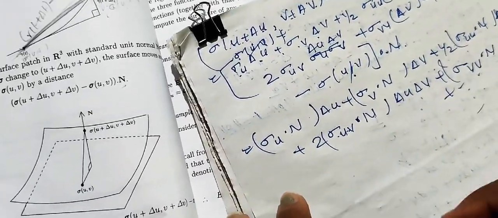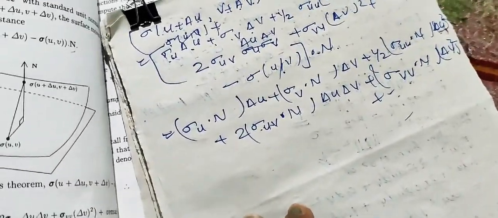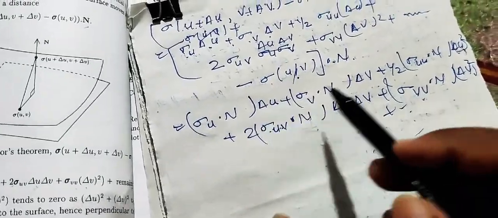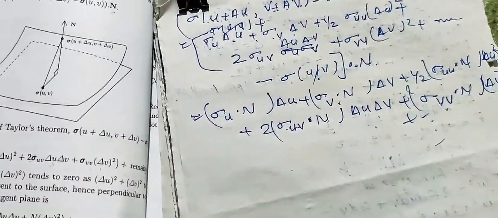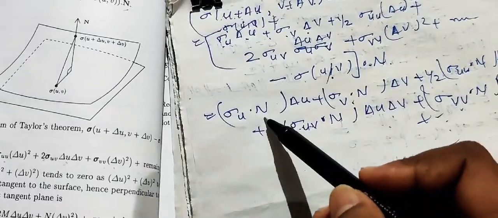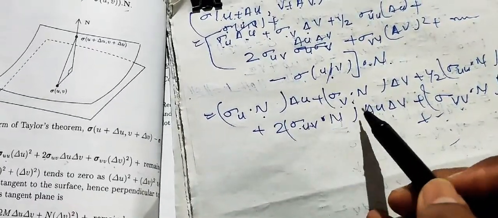Plus etc means remainder. Okay. So we get this one. And sigma u and sigma v are tangent, so perpendicular to N, that is sigma u dot N is 0 and sigma v dot N is 0.